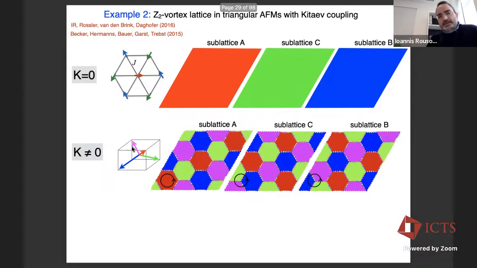And if you look closely, for example, around this region of space where the spins of sublattice A point in the same direction, as you travel around the core or the center of this domain, all the spins of the sublattice A point in the same direction.